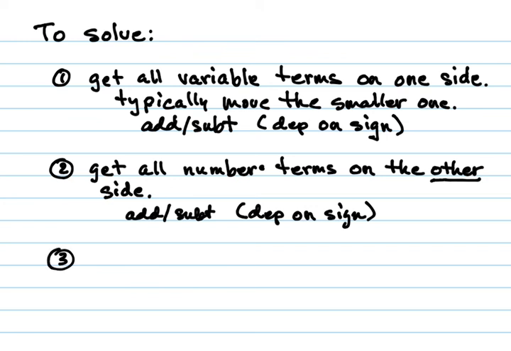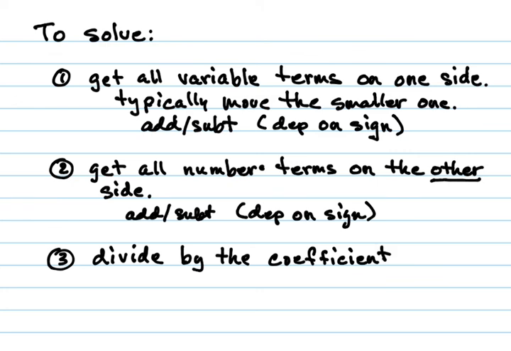And the third and final step is to divide by the coefficient of the variable term. Now remember, coefficient simply means a multiplier. So if you have 3a, that literally means 3 times a, and the opposite of multiply by 3 is divide by 3.